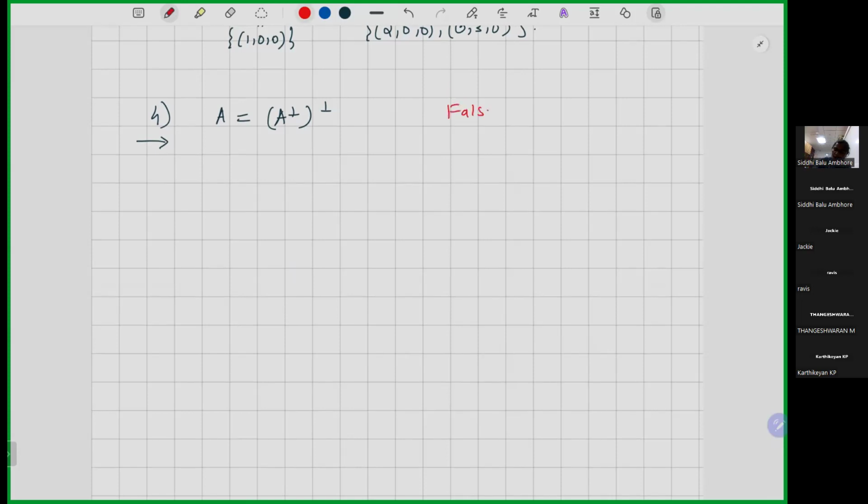We will see why. I will also give you a counter example. So a small counter example. Let us take A to be this set. Again, I'm talking about a set in R2. Okay, so my V is R2. Then what is A perp, or the orthogonal complement of A?